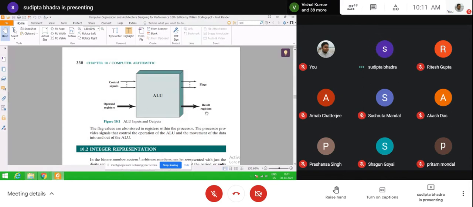Just think that you are doing an addition between two register values, R1 and R2. This addition should be performed first, then the result will be stored in R1.